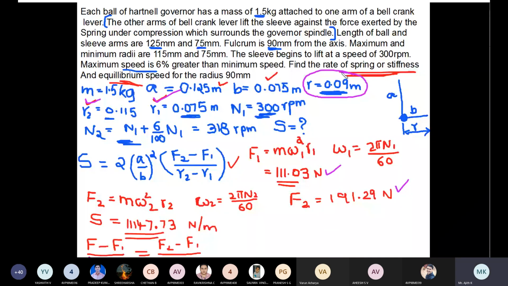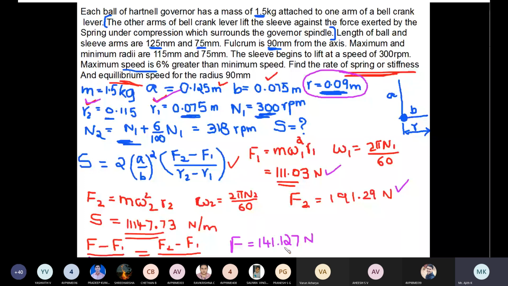So only one unknown term is present, the capital letter F. Except F, all other terms are known. So you will get the value of F as 141.127. This is the value of F.